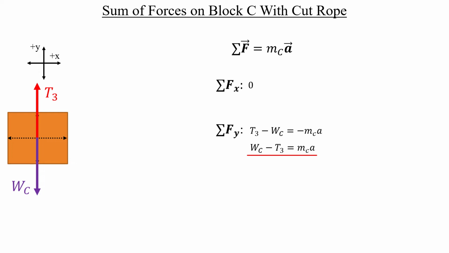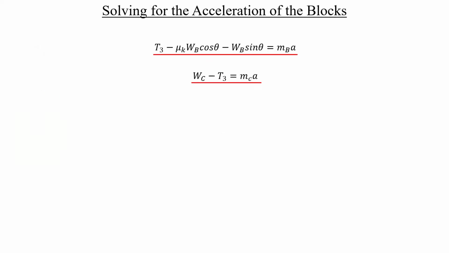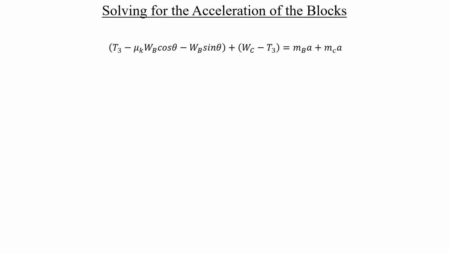Recall that since block B and block C are physically connected by a taut rope, they're going to share the same acceleration. This means that we can add the left-hand sides and the right-hand sides of these underlined equations to get the acceleration variable, like this.